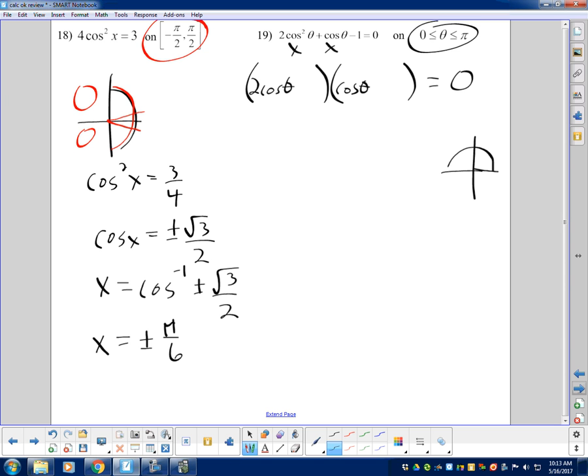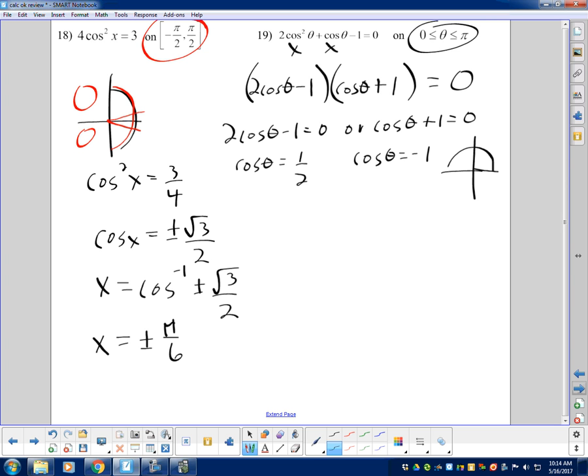It's like you have 2x squared plus x minus 1. Pretty easy to factor. We have a negative 1 here and a positive 1. So we set each equal to 0: 2 cosine theta minus 1 equals 0, or cosine theta plus 1 equals 0. So I've got cosine theta equals negative 1, cosine theta equals 1/2.